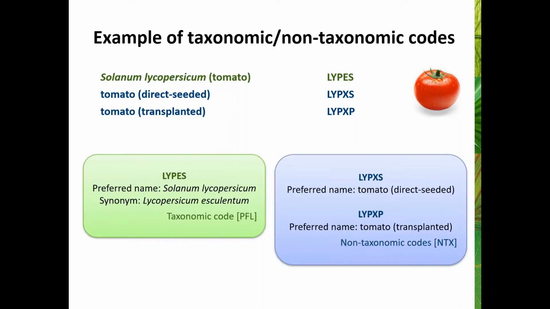But the database also contains codes related to tomato. One is tomato direct seeded. The other one is also tomato transplanted. So you see, in the non-taxonomic area, we try to describe other types of entities. So in that case, different modes of cultivations for tomato.